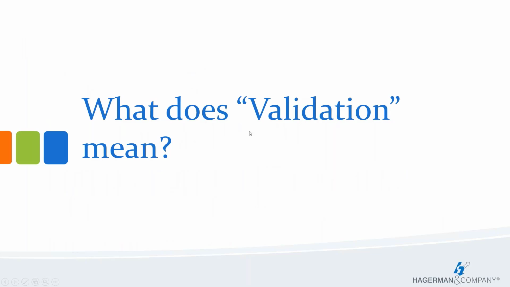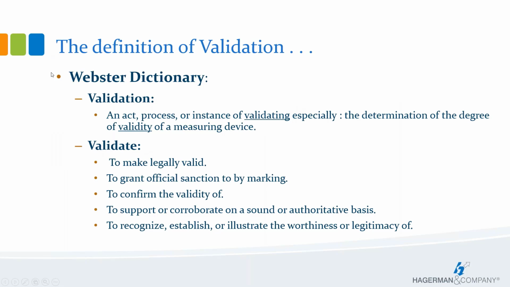So like I said, first we're going to talk about what does the word validation really mean. From the Webster Dictionary, validation is an act, process, or instance of validating, especially the determination of a degree of validity of a measuring device. So it really just refers to validate.